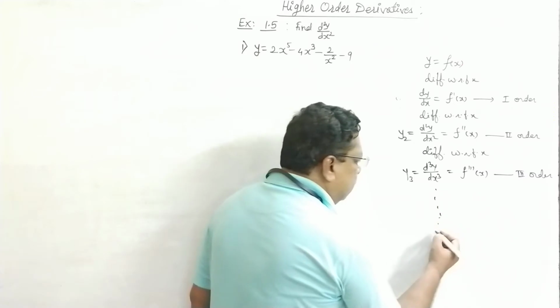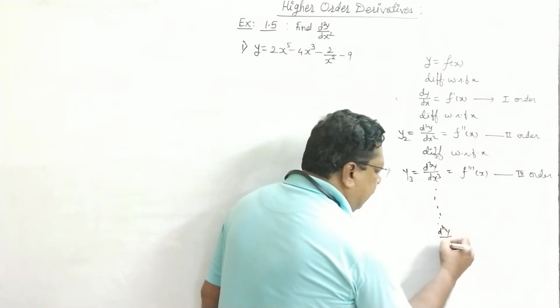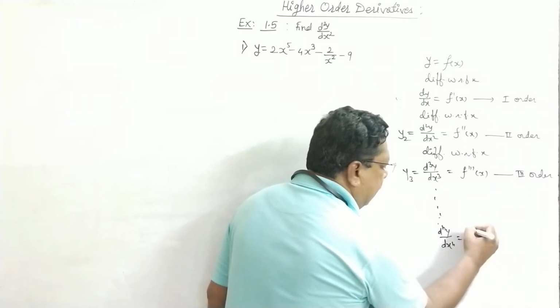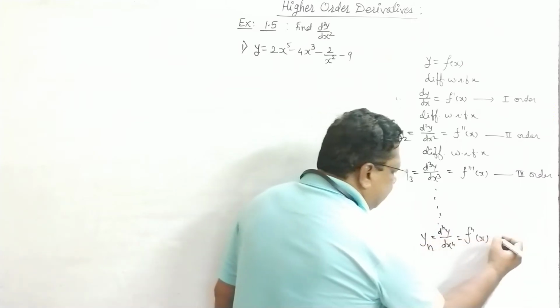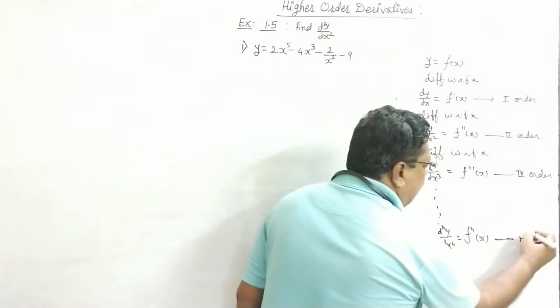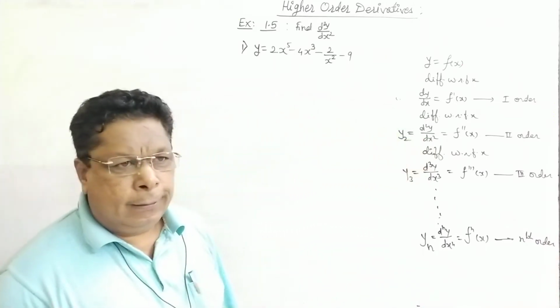Suppose we differentiate this n times, so this is d^n y upon dx^n, which is f^n(x). This is also denoted as yn, that is nth order derivative of y with respect to x.